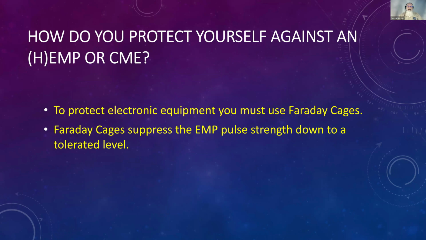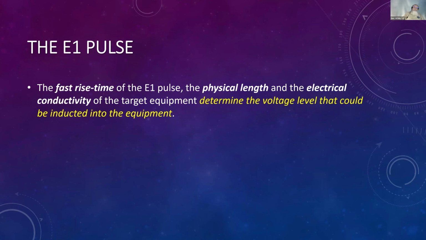Okay, so the first thing that you need to protect against, the most important thing, is this E1 pulse, right? And what you need to do is determine how much attenuation you need in order to protect your devices. And in order for that, you need to determine the voltage level that could be induced into the equipment.